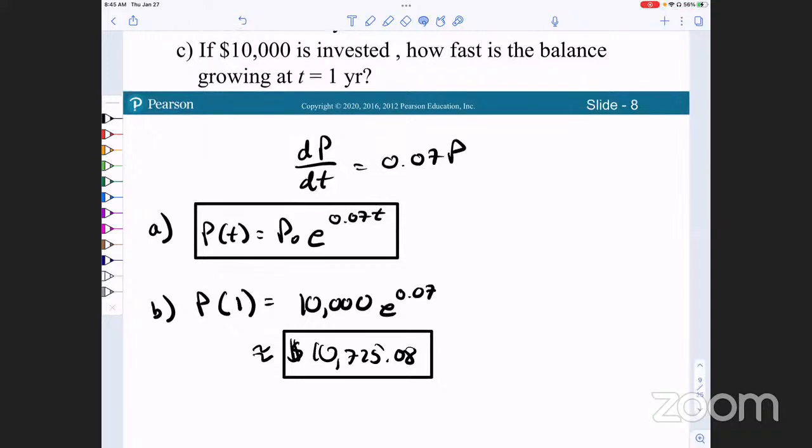How fast is the balance growing? So for part C, it says how fast. That means what's the rate of growth after 1 year?